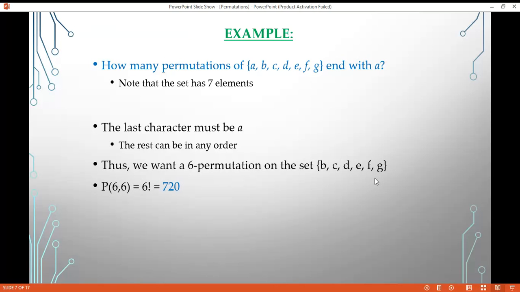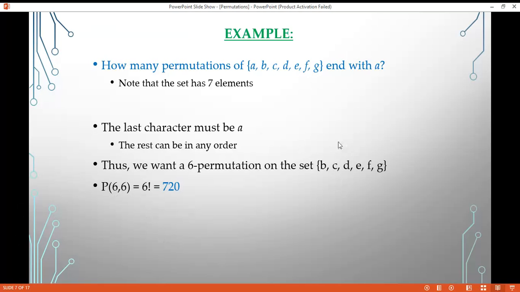So our permutation means out of 6 we have to take all 6. So our permutation is P(6,6), that is 6 factorial, because if we have to choose all of the elements, we arrange them in n factorial ways.